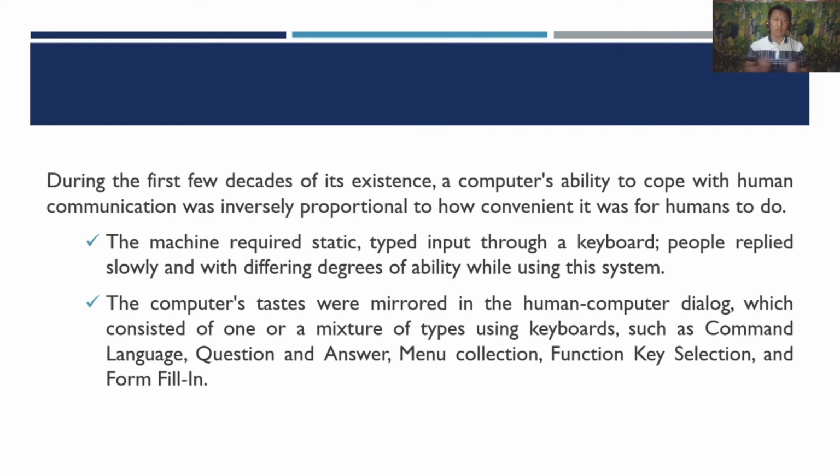So that's the only difference. The computer's tasks were mirrored in the human-computer dialogue, which consisted of one or a mixture of types using keyboard, such as command language, questions and answers, menu selections, function keys, selections, and form fill-in.